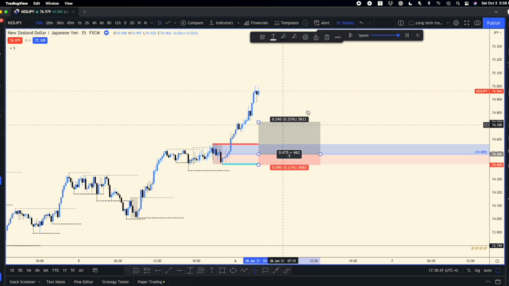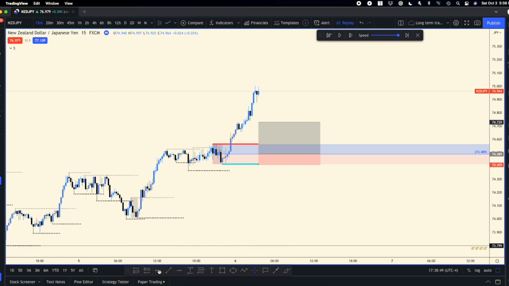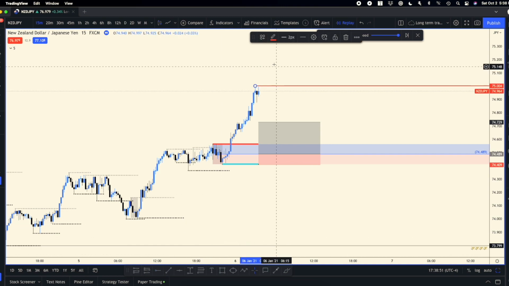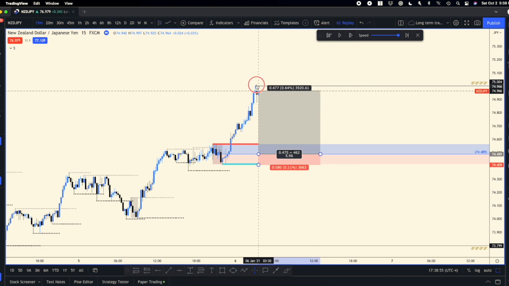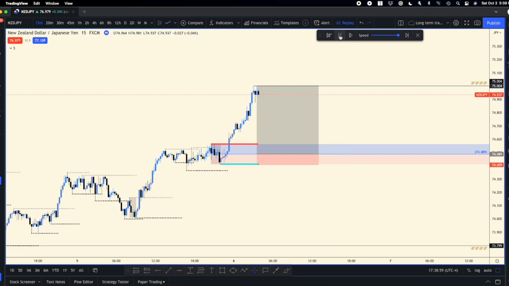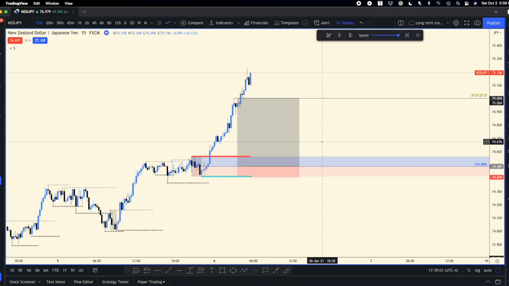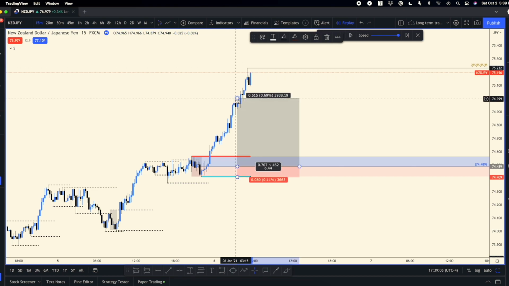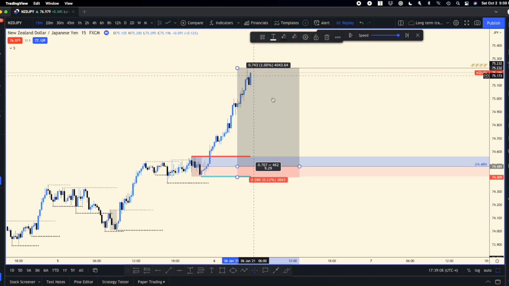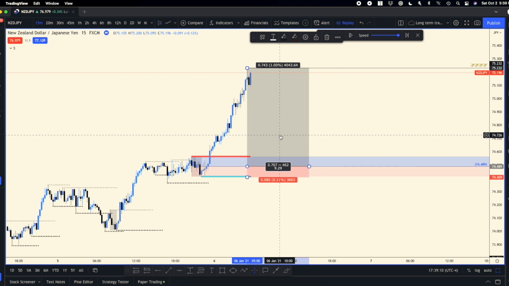So the high to me is right here. Liquidity up. Double top. Took it out. This bad boy is running. Double top. Not double top, sorry.